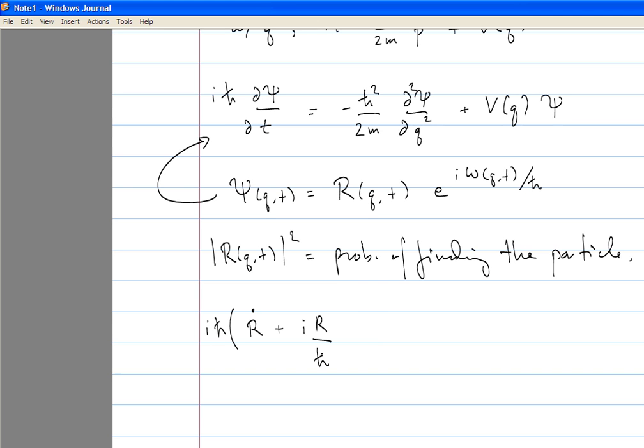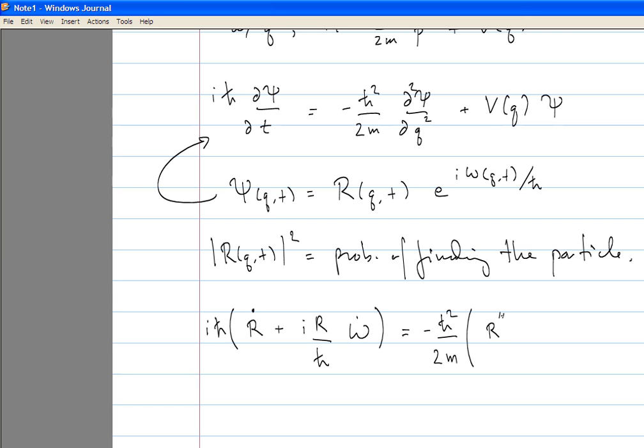And then there's an e to the i w over h bar, but we'll factor that out of the left-hand and right-hand sides at the same time. And what is the right-hand side? Well, we have a minus h bar squared over 2m. Then we have to take a bunch of derivatives. So there's the second derivative of r.